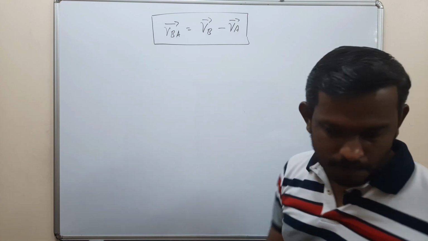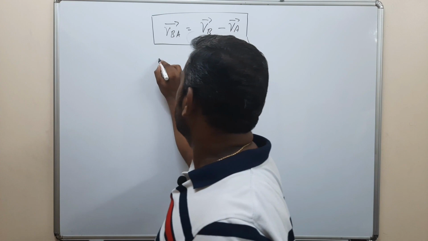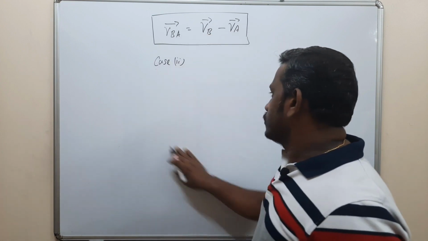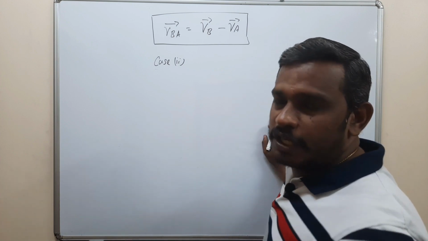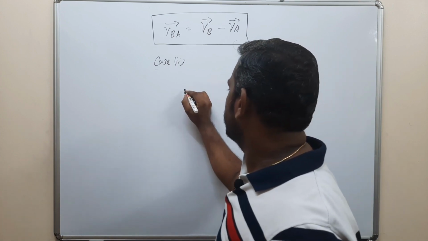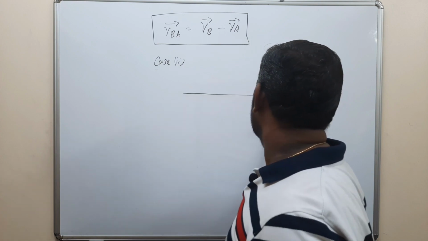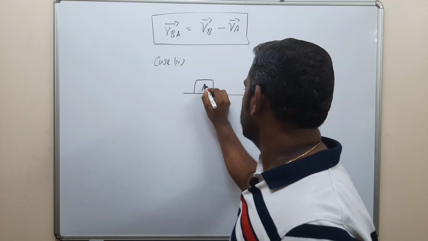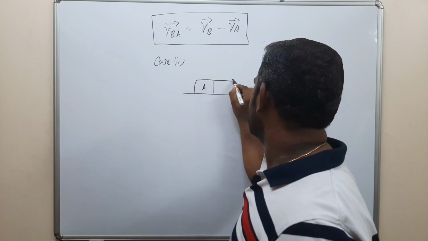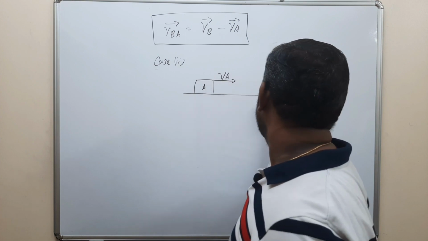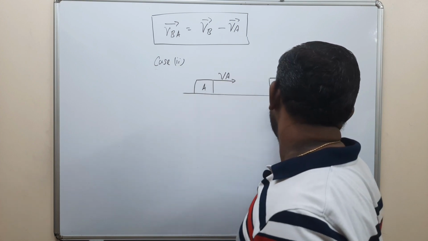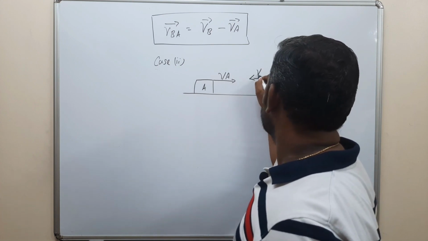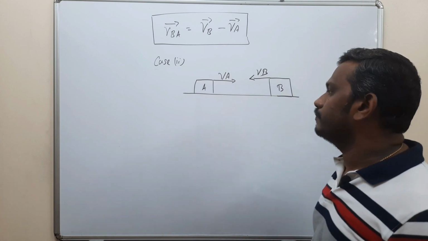Then case 2. The two objects are moving along a straight line in opposite directions. Object A is moving with velocity VA, and object B is moving with velocity VB.